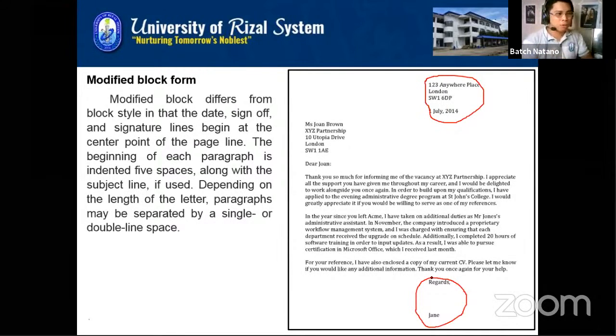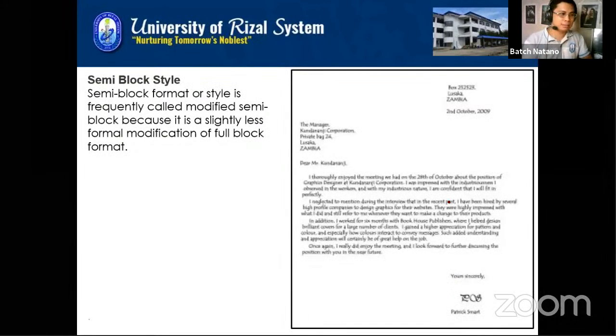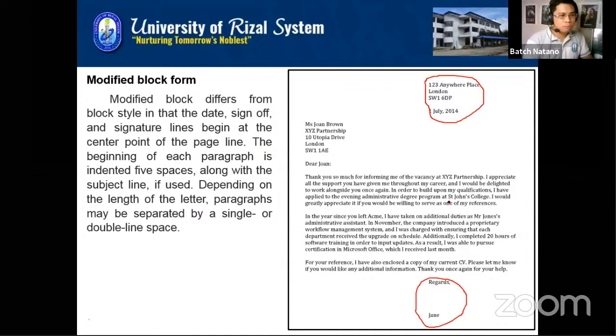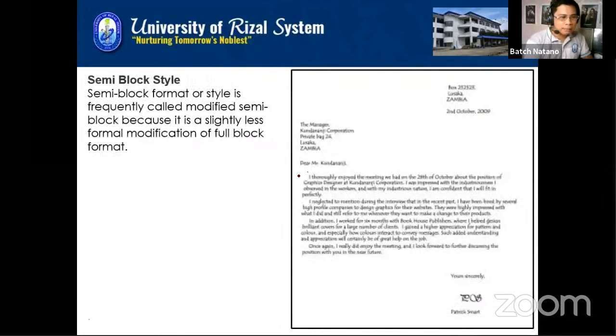So this is an example of a modified block format. You put them on the right side. There are some instances wherein you indent, so we call it the semi-block style. It's similar to the modified block style. However, what made it different is that the paragraphs in the body of the letter are all indented.